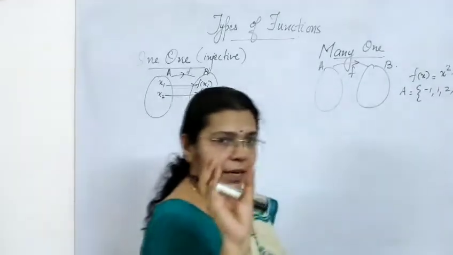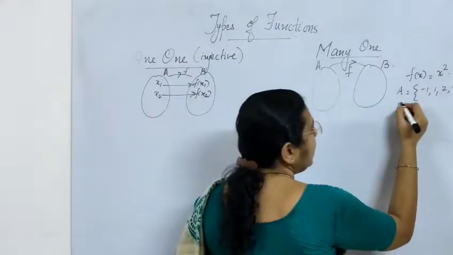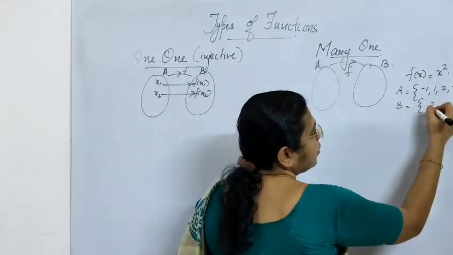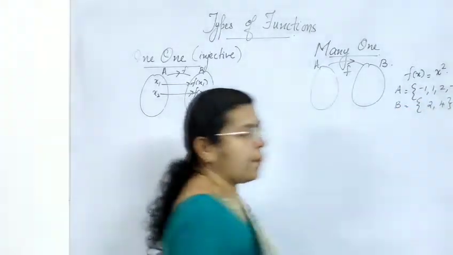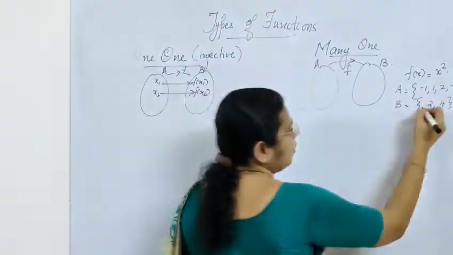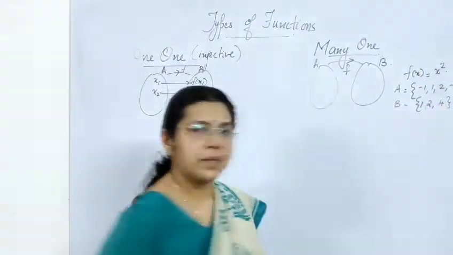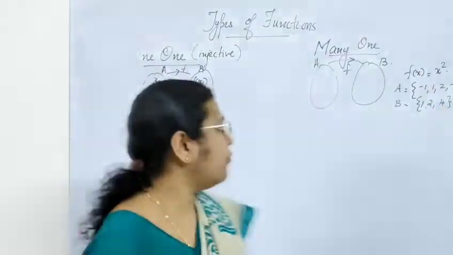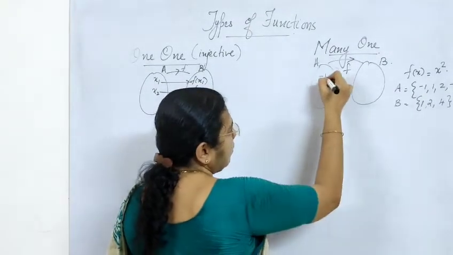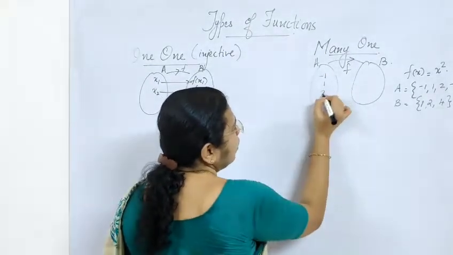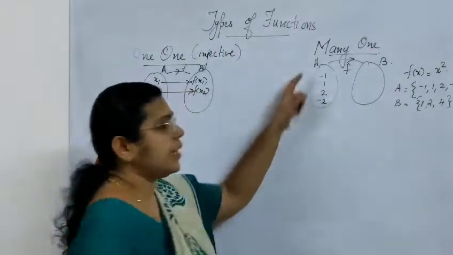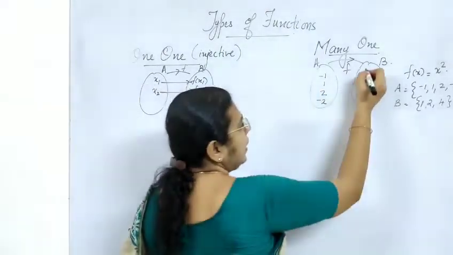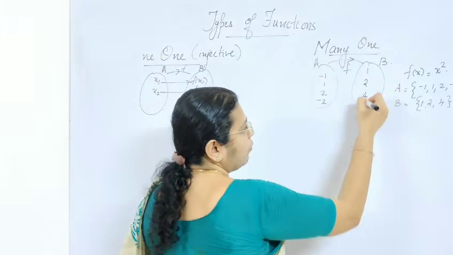I'm just defining a small set. Now B is equal to the set 1, 2 and 4. So -1, 1, 2, -2 are the elements in set A, and B has the elements 1, 2 and 4.